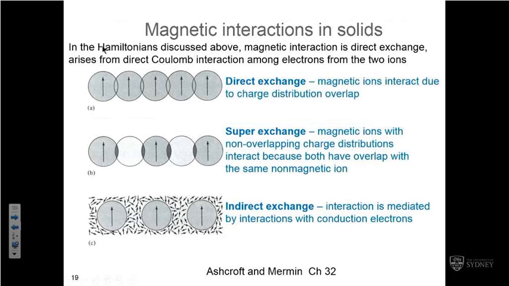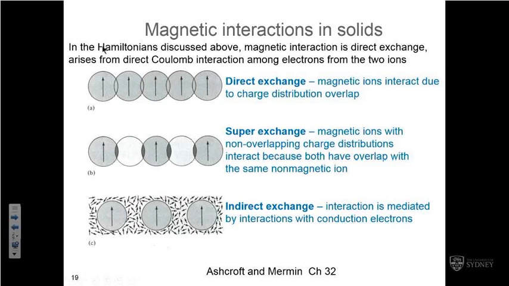While we are talking about the interactions of spins on neighboring atoms, it's good to put a name to that. So in these Heisenberg Hamiltonians, these Ising Hamiltonians, you are dealing with direct exchange. It's called direct exchange here, okay? This is Ashcroft and Mermin, for those of you that are reading that. So it's when you've got the ions close such that the wave functions are overlapping, as indicated by here.